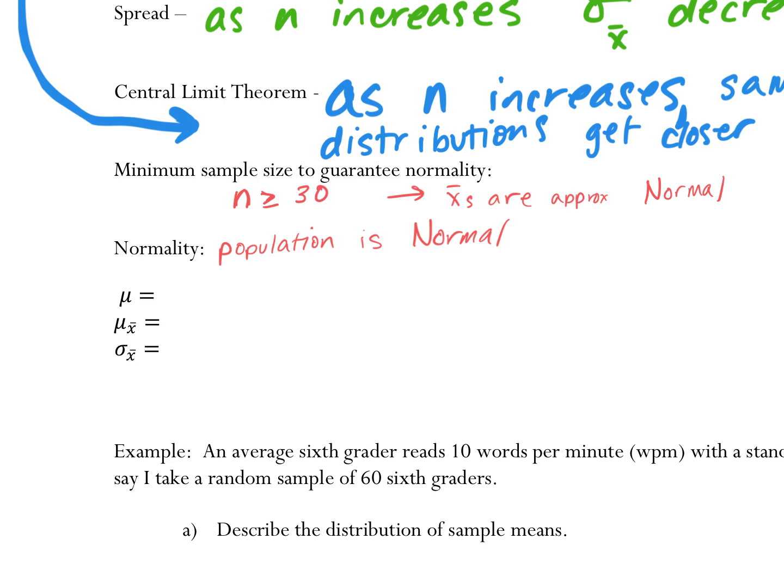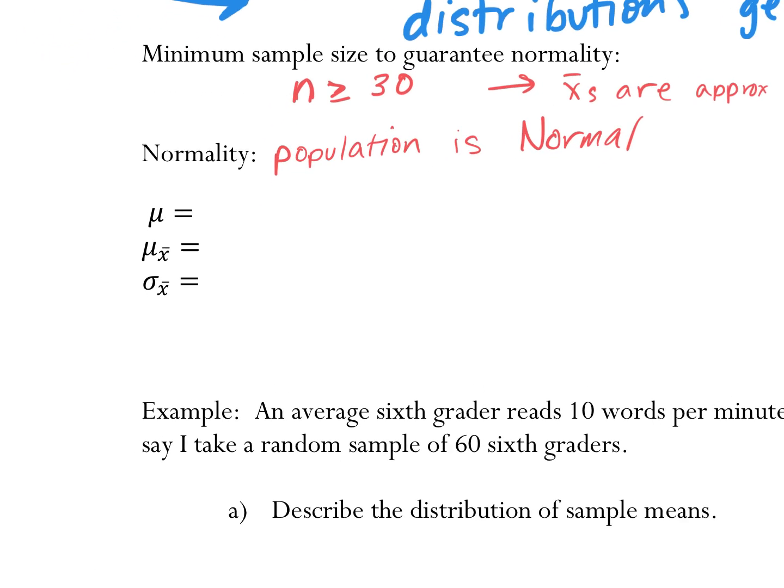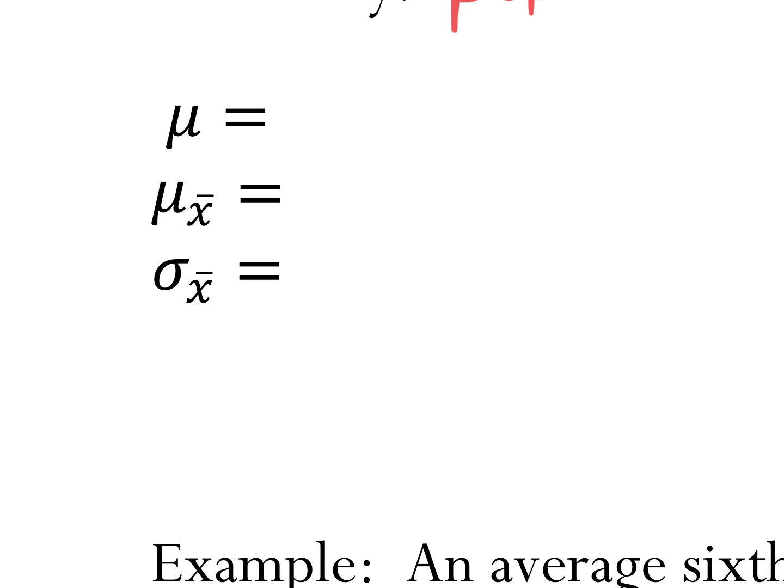All right, so some real quick, a reminder of different notations because there's a lot here. When I say just mu, that is the mean of individuals in a population.